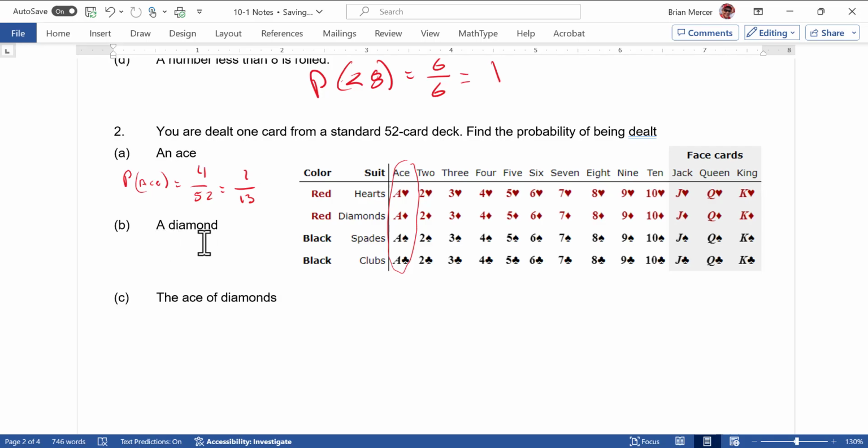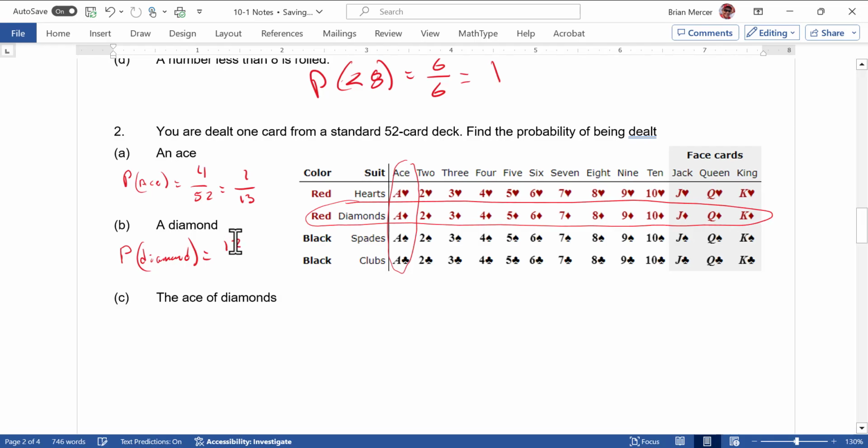Probability that you get a diamond, so P of diamond. If you look, there are exactly 13 cards that are diamonds, so that's 13 out of 52, which reduces to 1/4.